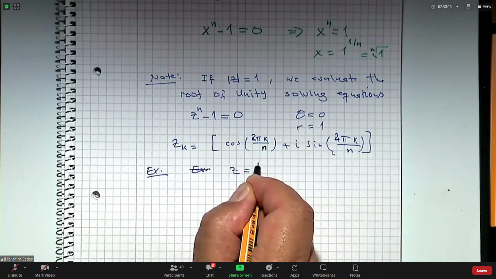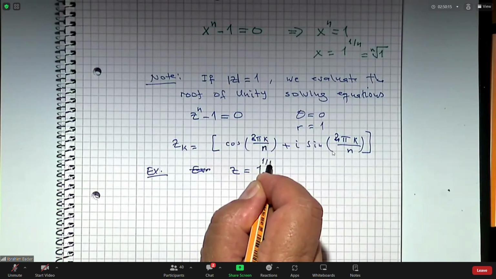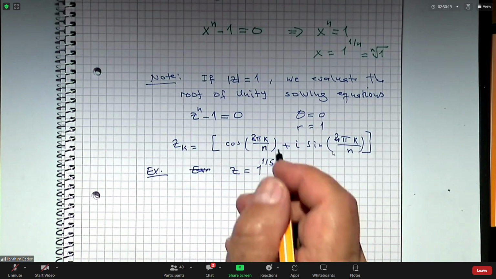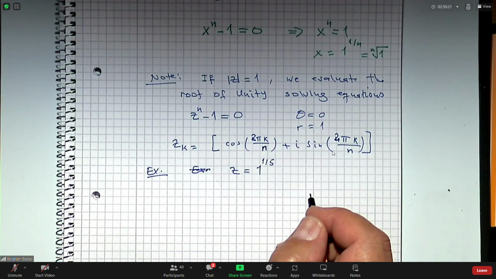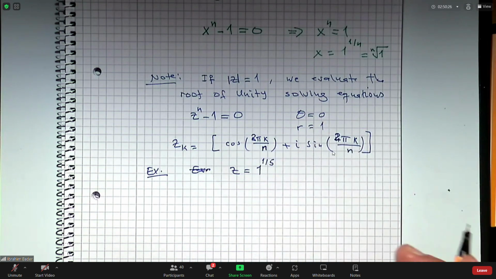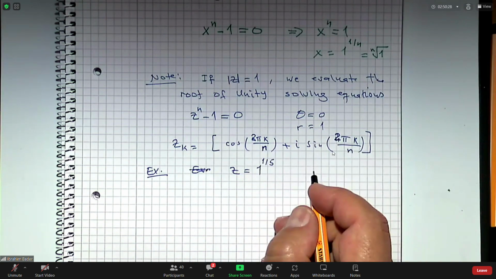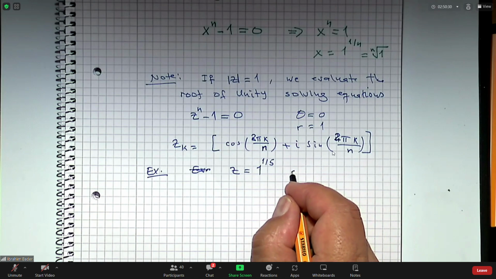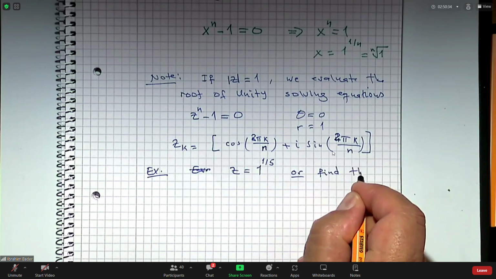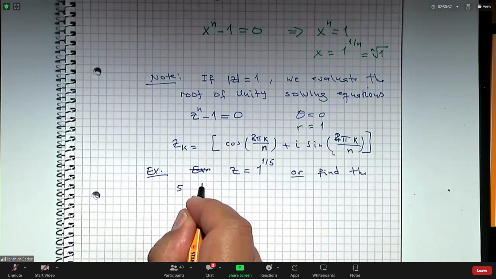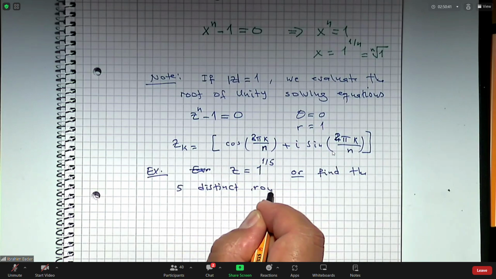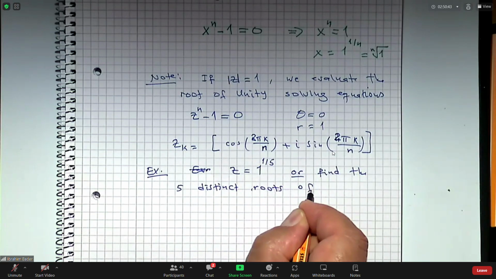Z equals 1 to the power 1 over 5. Sorry, this is 2 pi. Okay. Or find the 5 distinct roots of 1.